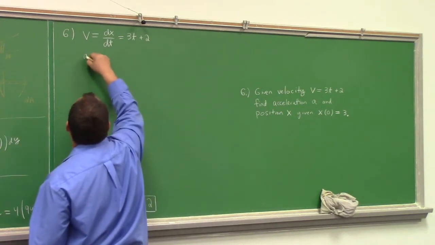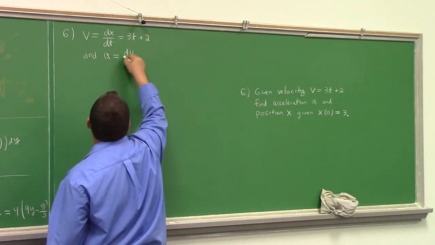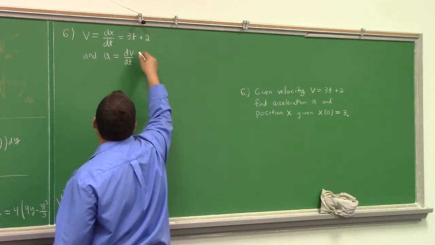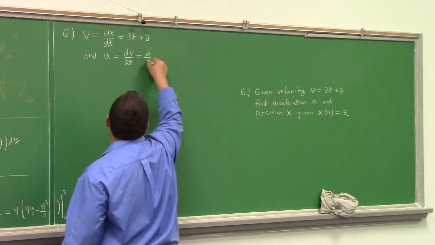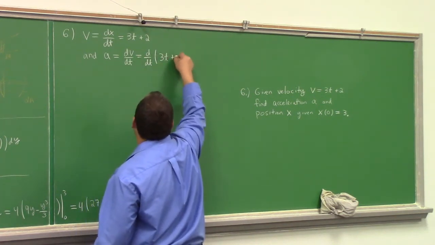And the acceleration, well, that's dv/dt, by definition. The derivative of the velocity is acceleration. So let's do the acceleration first. You guys tell me, what's the acceleration?